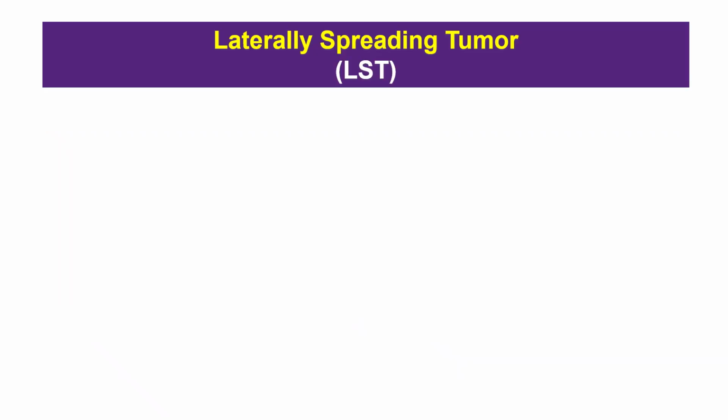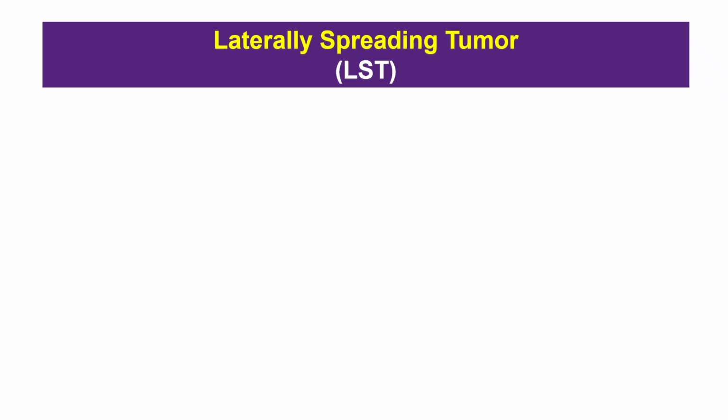Lateral spreading tumor is a subtype of Paris classification. It's called the paragrammatic classification. Lateral spreading tumor is a lesion larger than 1 centimeter with a non-polypoid morphology growing laterally. The term lateral spreading tumor is not used to describe a large sessile polyp.